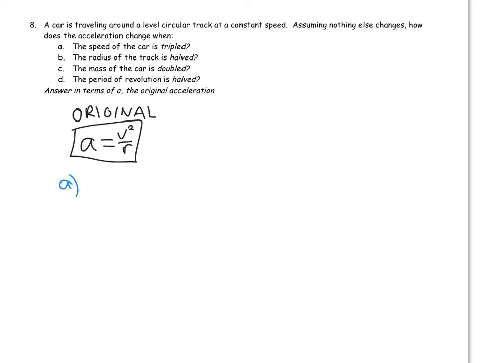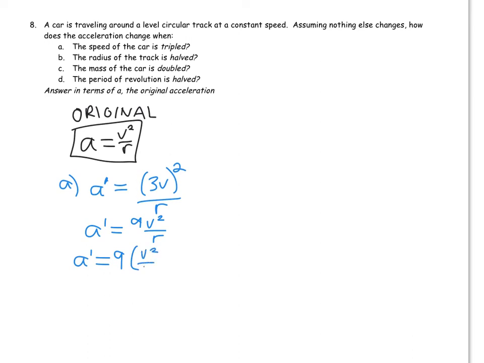So for A, we're told that the velocity is tripled, or the speed is tripled. So I'm going to say that a prime, my new acceleration, is equal to 3v, that entire quantity squared, over r. So a prime is equal to 9v squared over r. There's a few different substitutions we could make here, but I'm just going to pull out that 9 and say a prime is equal to 9 times v squared over r.